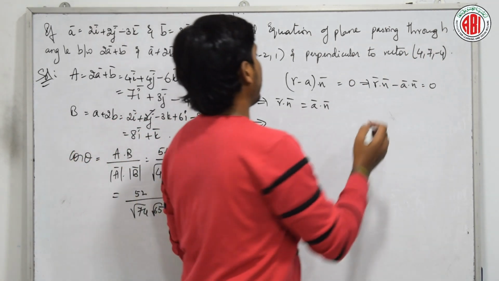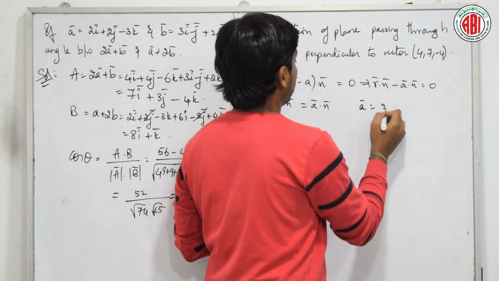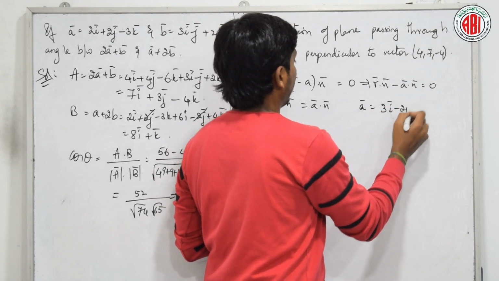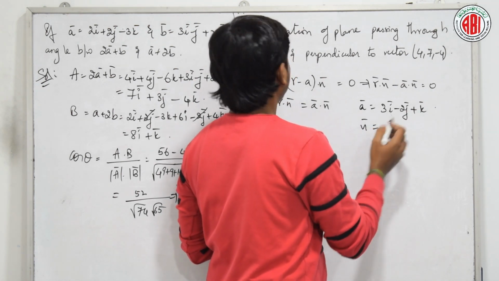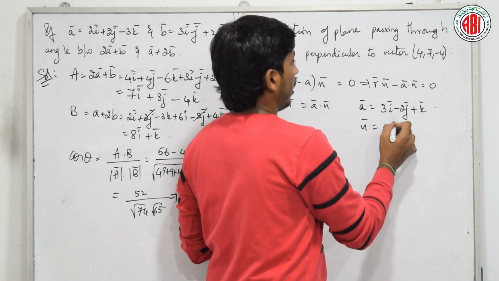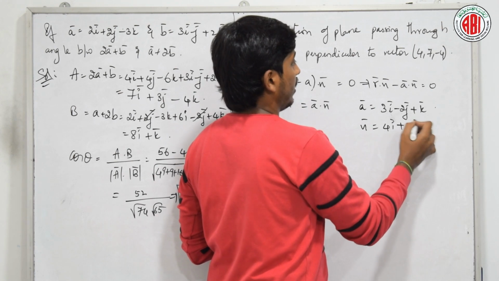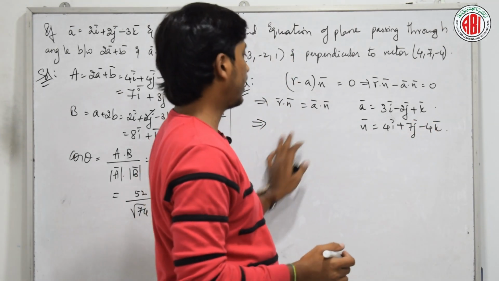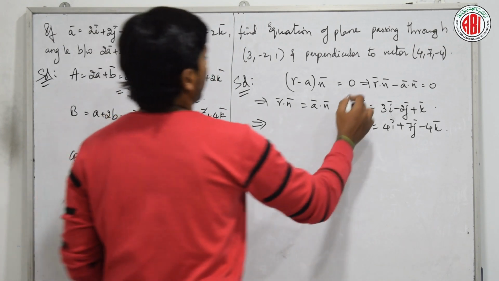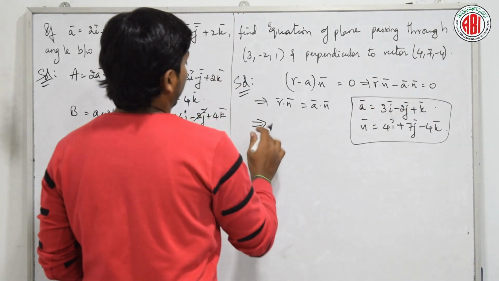Clear? Now let us write a is 3i minus 2j plus k. N is 4i plus 7j minus 4k. Is it fine? Let us substitute it in this formula. What do we get?